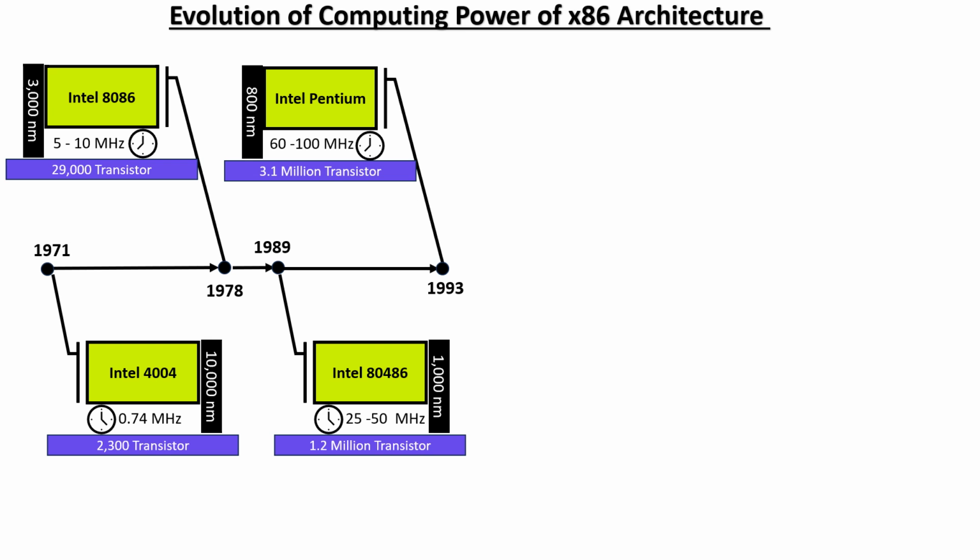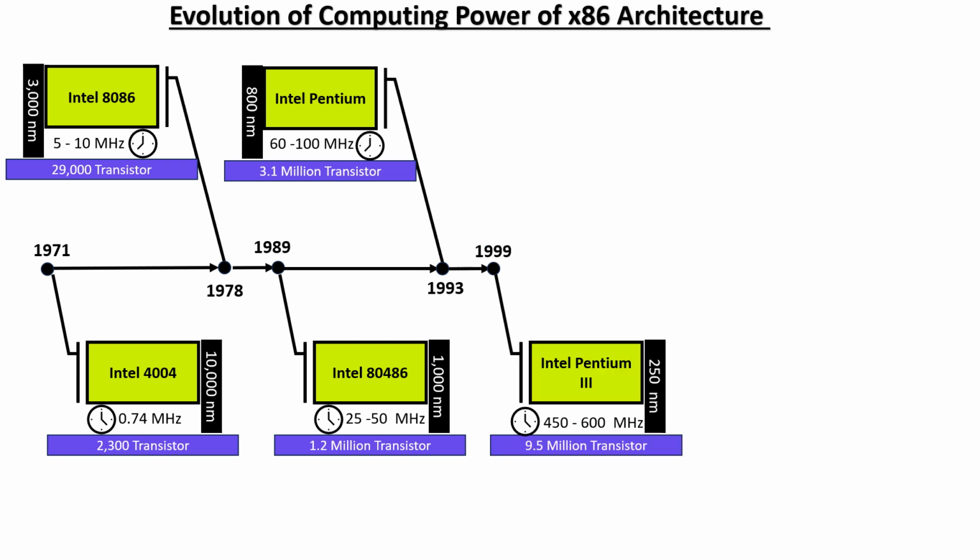In 1993, Intel Pentium came in, which many of you have already seen and might have used in the past as well. It considerably increased the transistors embedded, around 3.1 million transistors with a clock speed around 100 megahertz, and the space used in the technology is further reduced to 800 nanometers.